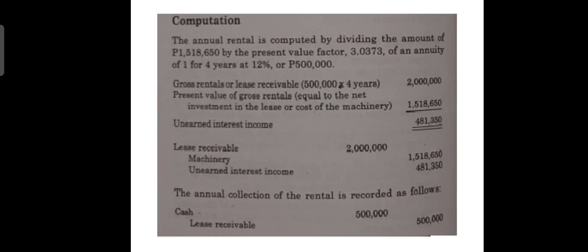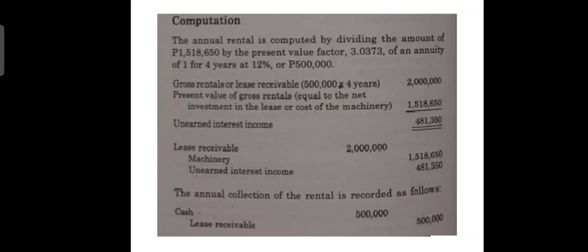Computation. The annual rental is computed by dividing the amount of 1,518,650 pesos by the present value factor 3.0373 of an annuity of 1 for 4 years at 12%, or 500,000.